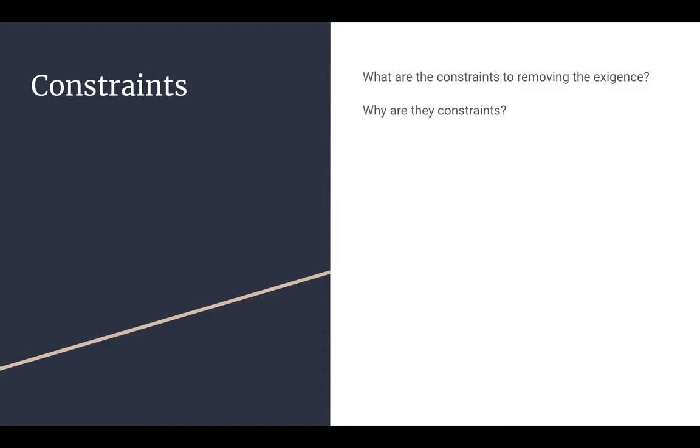And if we can identify what they are, then we can ask, well, why are they constraints? Why do they keep us from doing something or thinking something? And if we know how they're constraints, we can better identify how the artifact, how the message that we are analyzing functions to remove them.